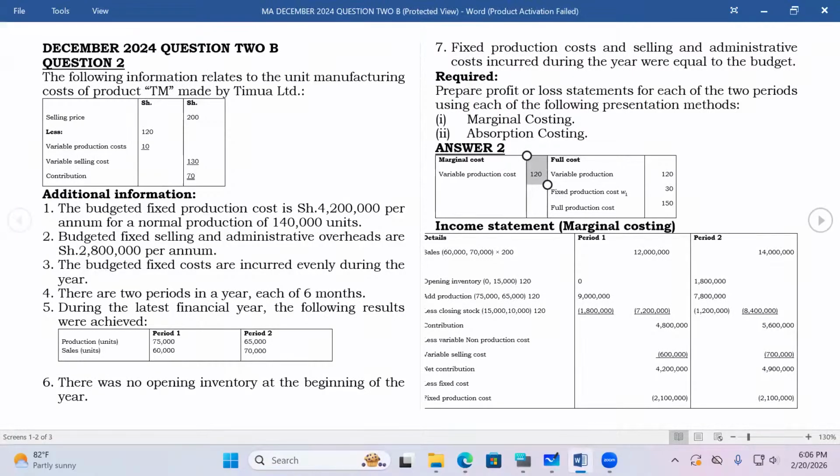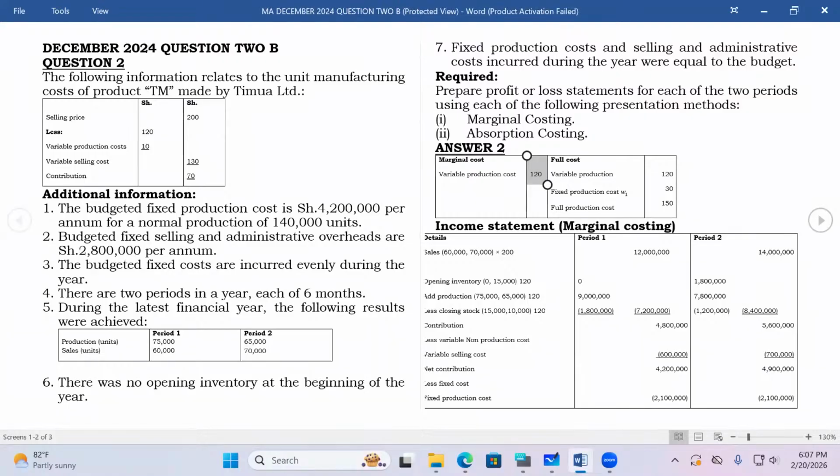You can see they have given us the variable production cost. What are you able to see as the variable production cost given from the past papers? It is 120, isn't it?